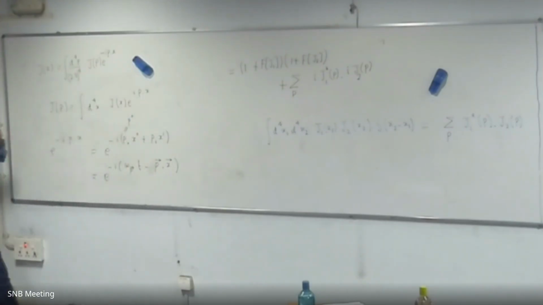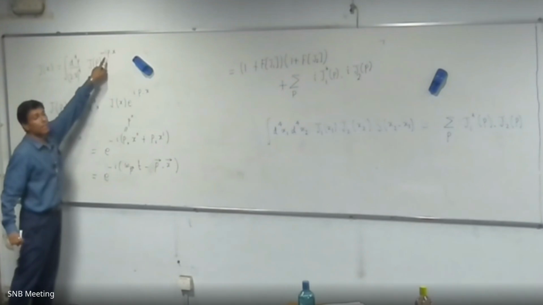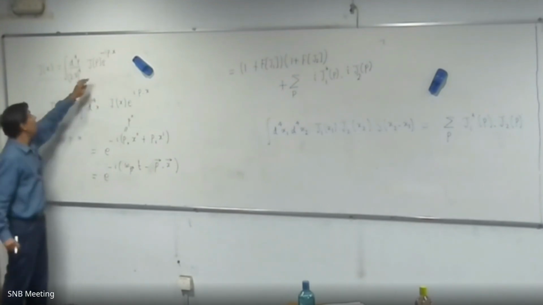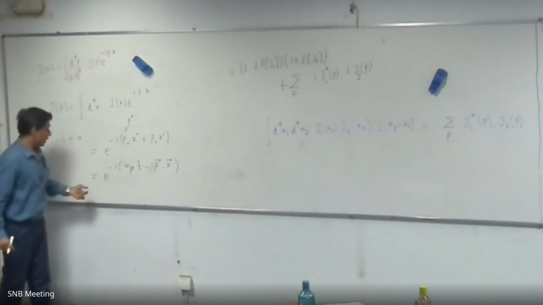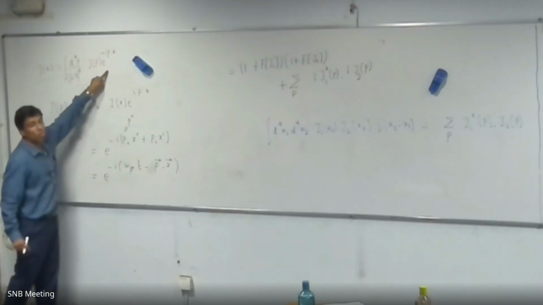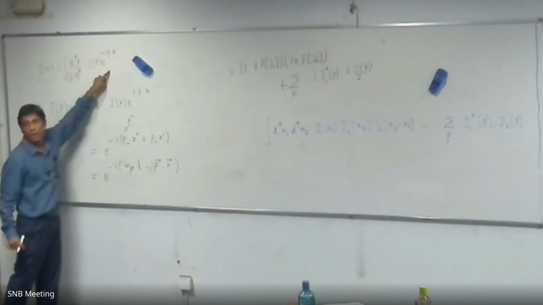Now comes the point: why did I use e to the power of minus ip dot x in the Fourier transform instead of plus ip dot x? The reason is that this corresponds to positive energy. Can you see why? This is a positive energy Fourier transform. It is very easy to see.